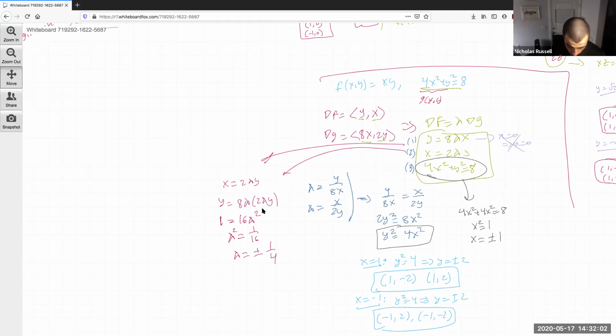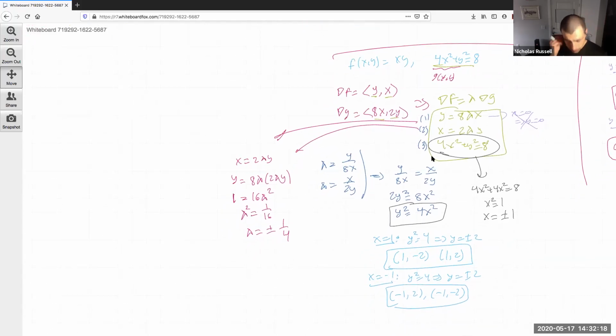From here, what I could do is plug this lambda equal to 1/4 into really either of these and get a relationship between x and y. That's what I could do. So what am I talking about there? Well, let's take a look at equation 2.